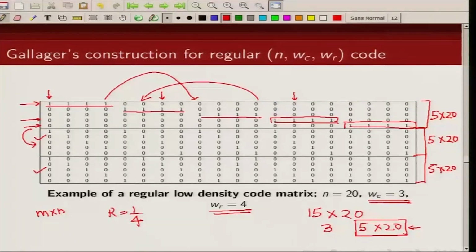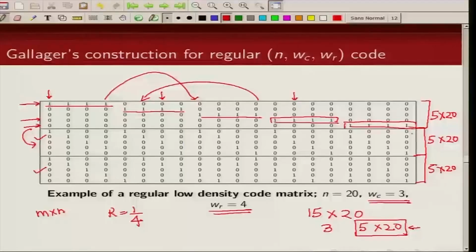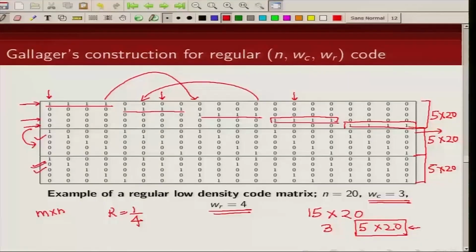When I do column permutation, I do not change the weight of the column, it is still 1, and I do not change the weight of the rows, it is still 4. So by column permutation I get this sub matrix, which again has one 1 in each column and 4 ones in each row. The same thing I do for this sub matrix: I again do column permutation and get this sub matrix.